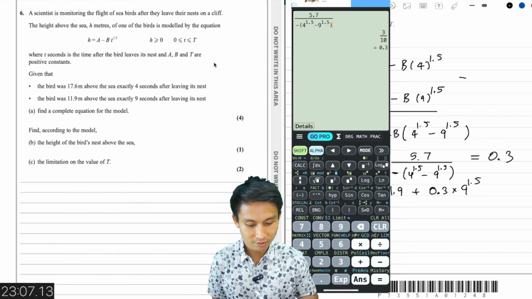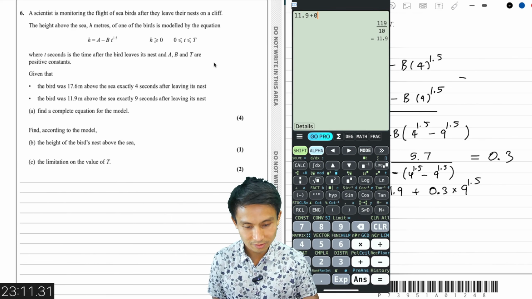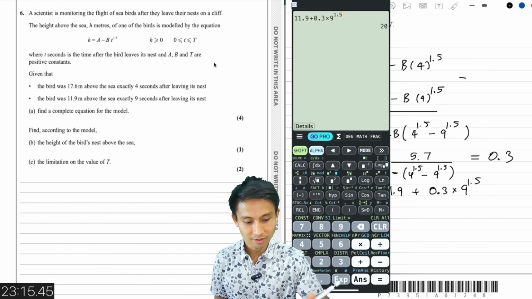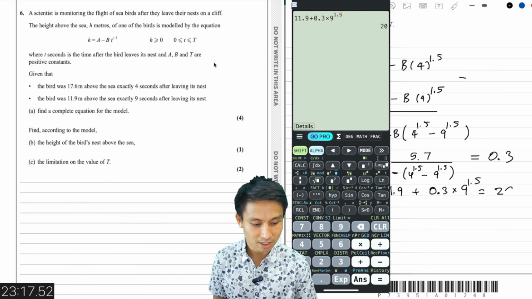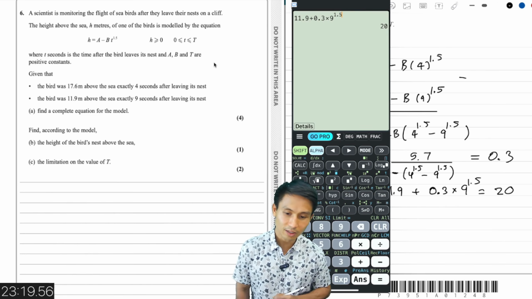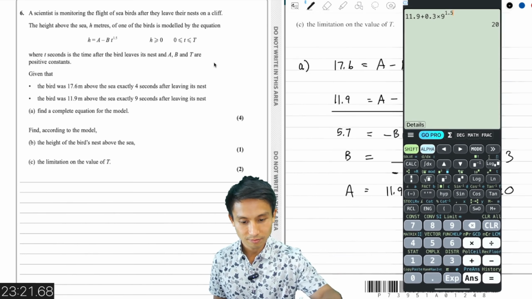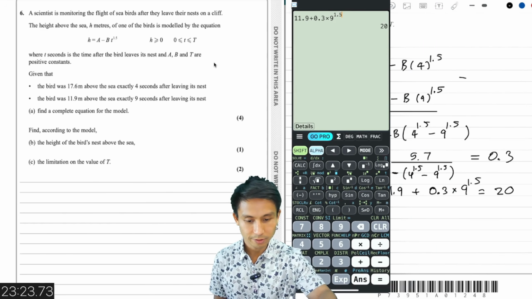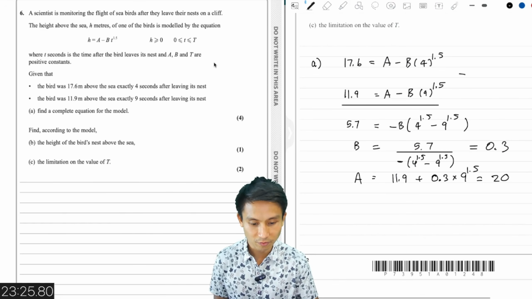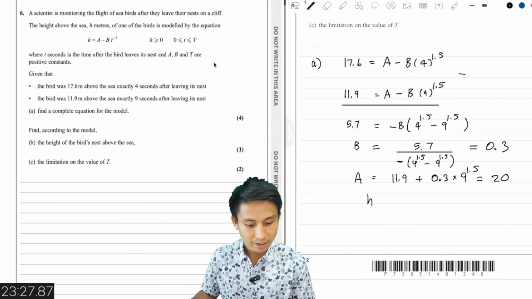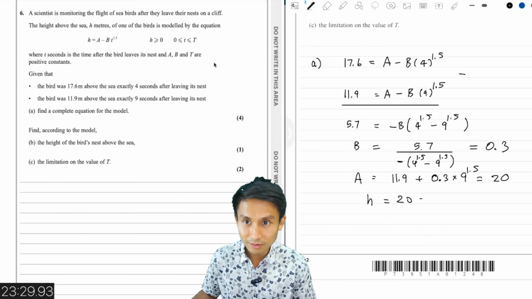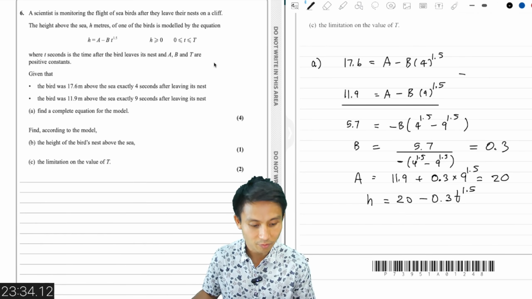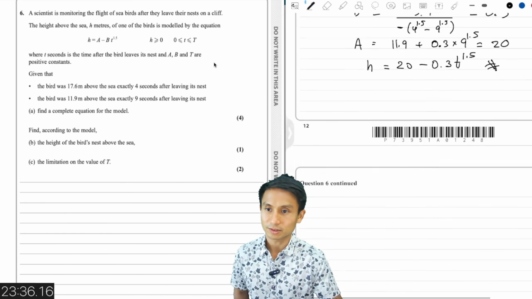Yeah, I'm very careful. 11.9 plus 0.3 times 9 to the 1.5. Nice number. Good sign. Yep, happy with that. Okay, so the full equation, don't forget, is 20 minus 0.3 t to the power of 1.5. Okay, that's the full equation.